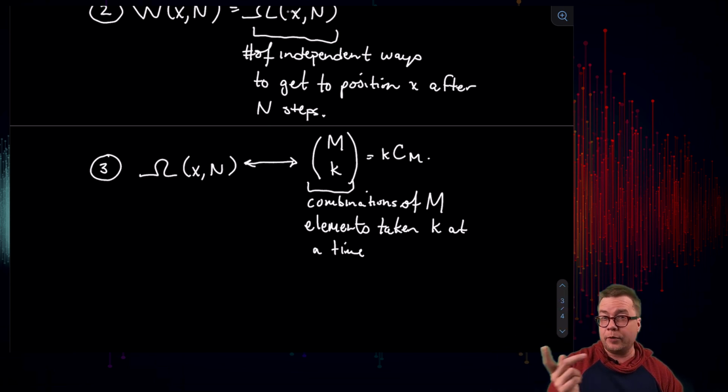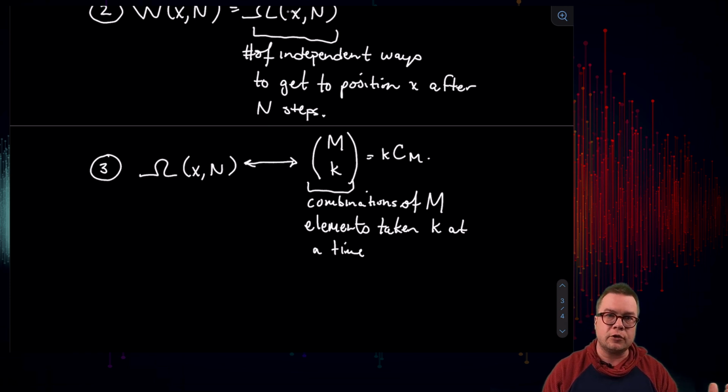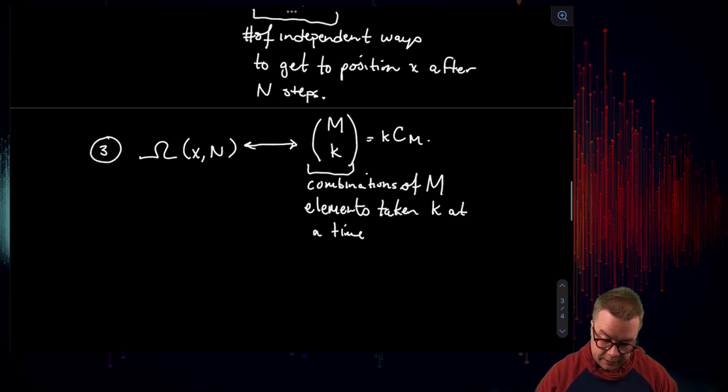Notice that this is different than what we did with the energy levels. With the energy levels, we were looking at permutations, okay? That's because that was a very specific system that had certain properties. For this system, where we're looking at the random walk, I hope you can see by analogy between Pascal's triangle and counting the number of ways that it has to be the number of combinations.